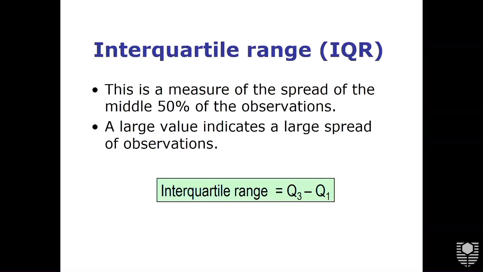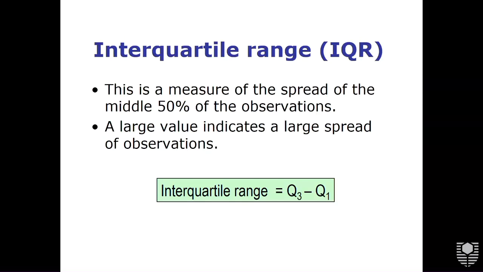So the interquartile range, when we calculate it, is one of the measurements of spread of the middle 50% of observations: the largest value minus the lowest value, because we talk about range. Do you remember the range before? Highest minus lowest.